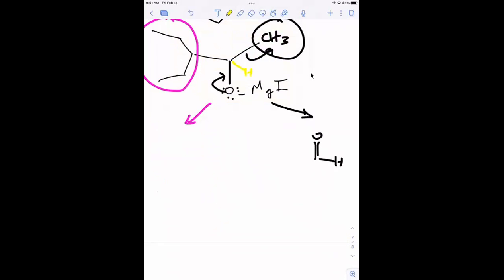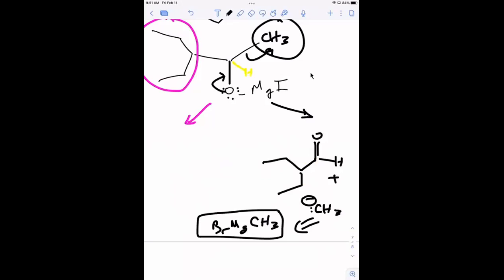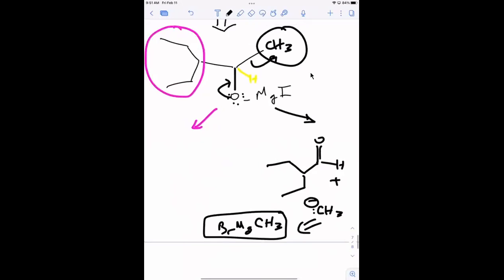All right, so that'll be that. And then on this side, it'll be that isopentyl group, like that, plus CH3 minus, which we can write as CH3MgBr. It will be the Grignard that you will add to this aldehyde to get that product.